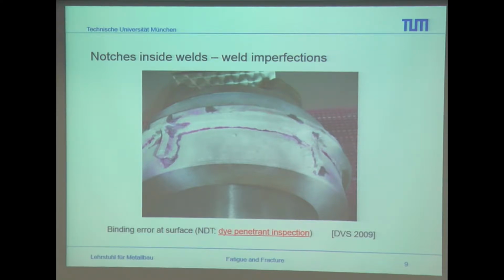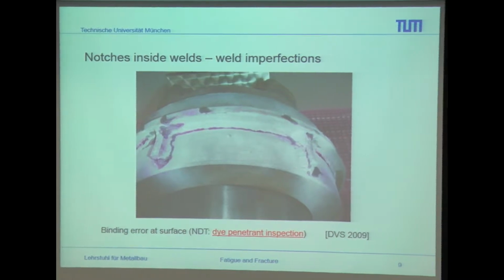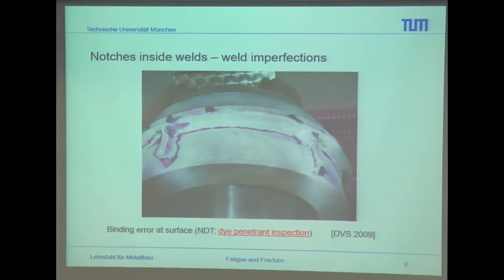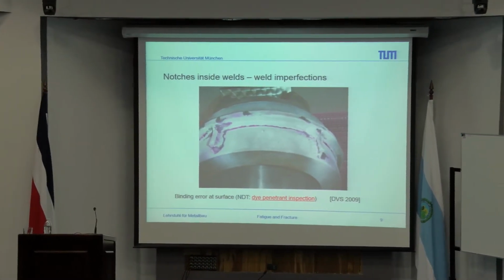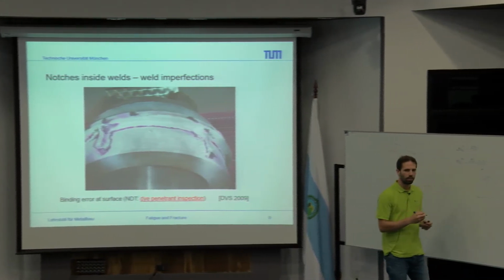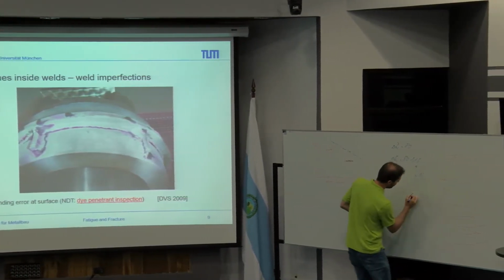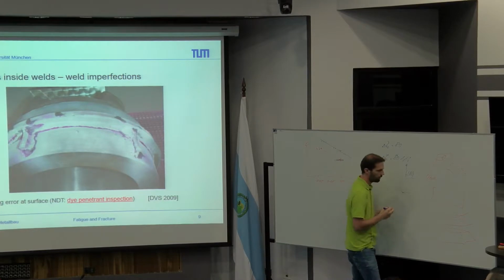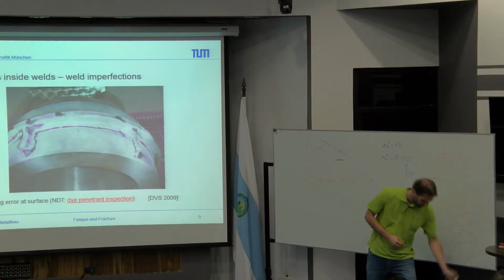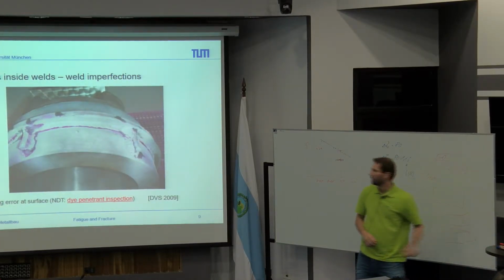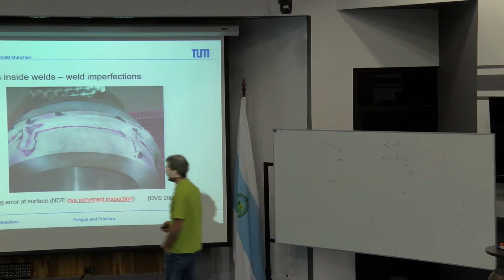Usually the butt weld looks like this, but there can be some weld material which gets over your welded part, and in the end you have some overlapping, which is a binding error at the surface.